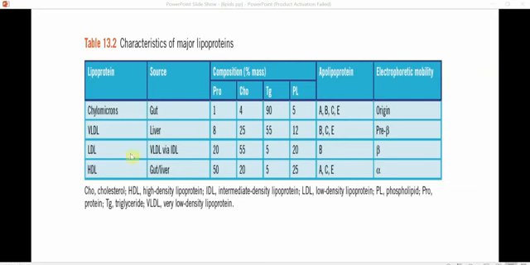These are arranged according to their density. If we see this table, the source of these lipoprotein particles: chylomicrons are found in the gut, from the exogenous or dietary lipids, mostly rich in triglycerides.